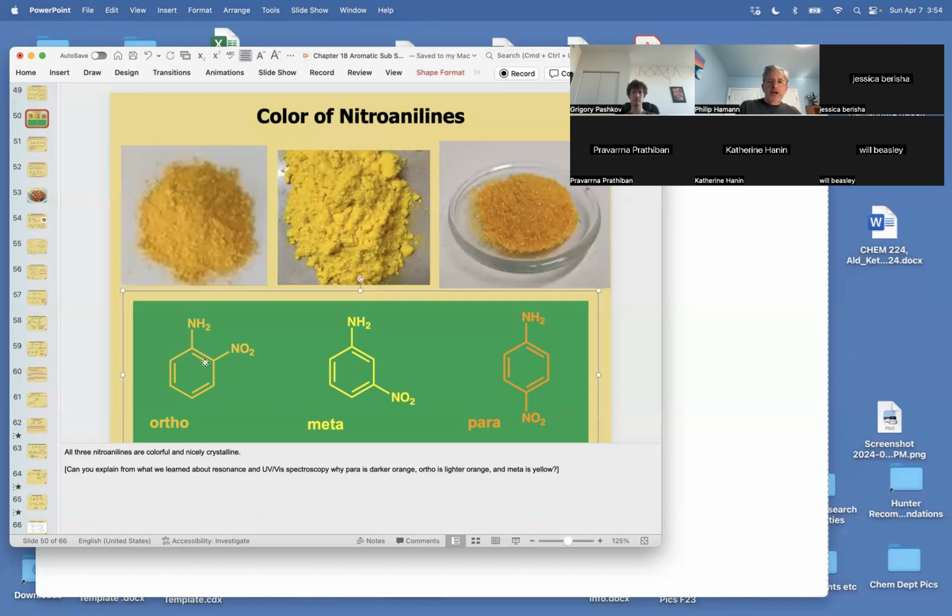Yeah, this is for Ethan who asked a good question. If you take ortho-nitroaniline and draw the resonance structure with a lone pair on the aniline nitrogen pushed all the way through to the nitro group, now both nitrogens are planar, and there's a steric interaction here that diminishes the contribution of that.